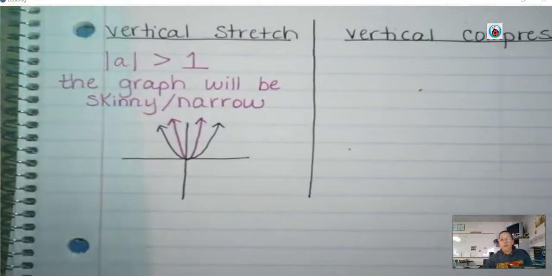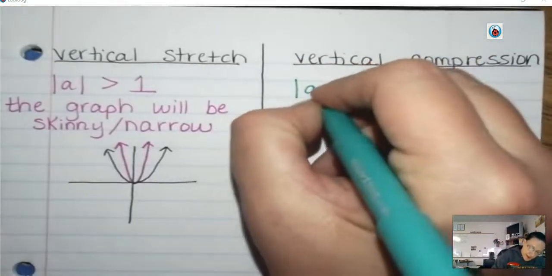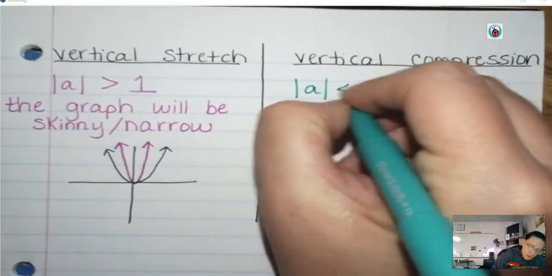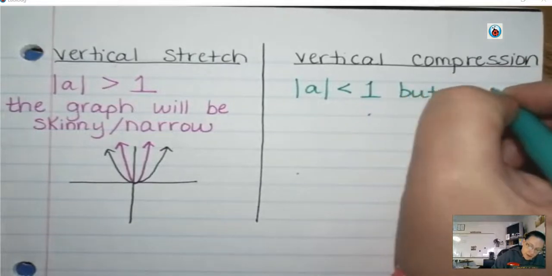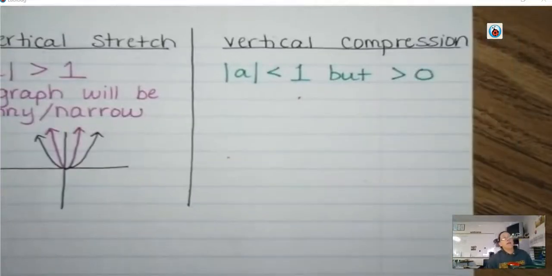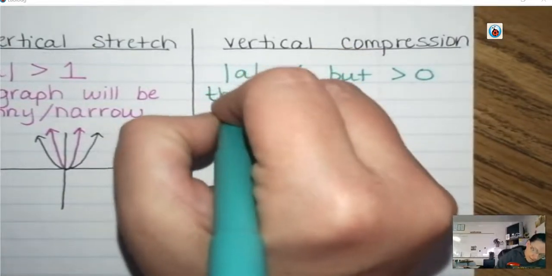Okay, then let's do vertical compressions. The compression is when the absolute value of a is less than 1, but greater than 0. So it's not going to be a negative. It'll be some fraction that's smaller than 1. If that happens, the graph will be wide or fat.